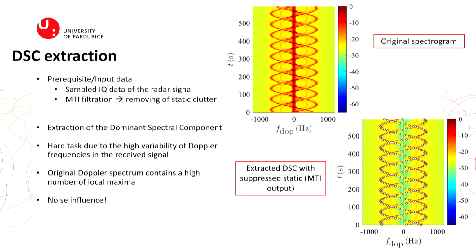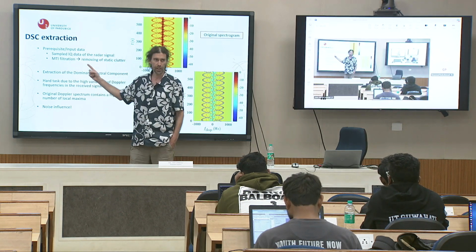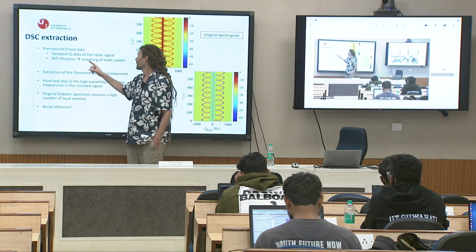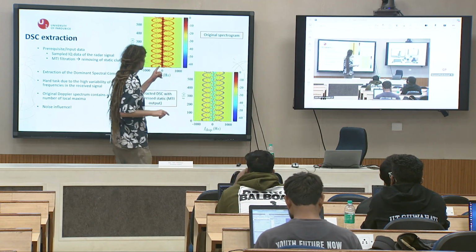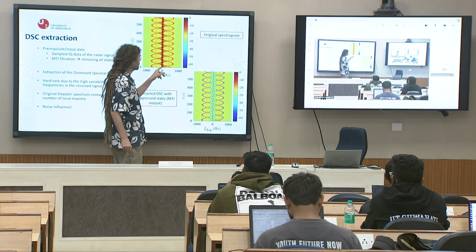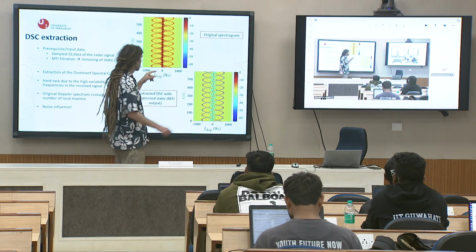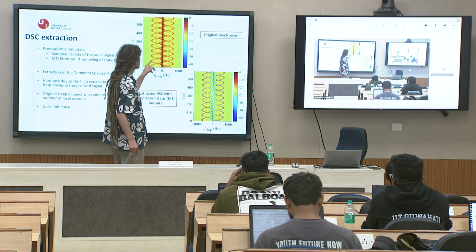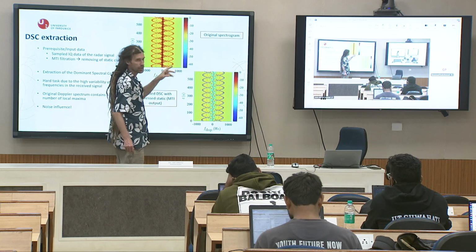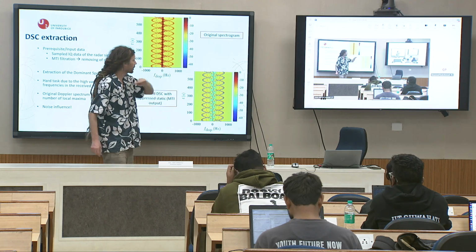Now we will go to DSC extraction. The prerequisite is that you already have sampled IQ data of the radar signal, you already applied MTI filtration, and so you already removed static clutter, because you can't use it otherwise; there will always be one DSC or another, but we want to detect this, this, and so on, always in each cut.